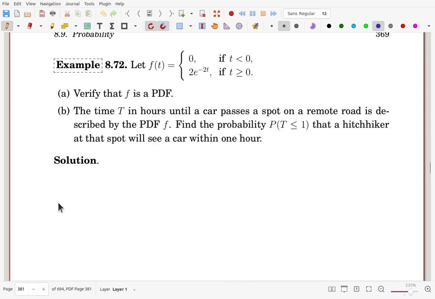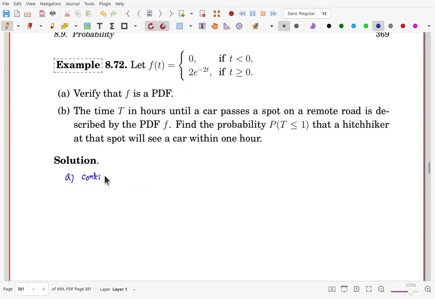For part A, in order for the function to be a PDF, first of all, it must be piecewise continuous, so we first check the continuity. The function is continuous on the left-hand side, completely 0, and the right side is exponentially decaying. Of course, this is continuous, so that is piecewise continuous.